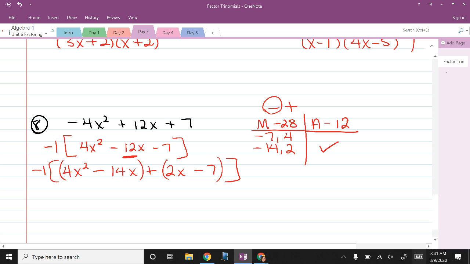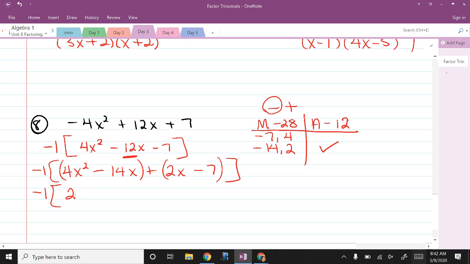Okay, so I'm going to keep my -1 in the bracket hanging out. See, this looks messy, but it's just because we got to keep that -1 out there. All right, so first group, 4x squared minus 14x. What's my GCF in those 2 terms? 2 and x. Y'all agree? 2x?